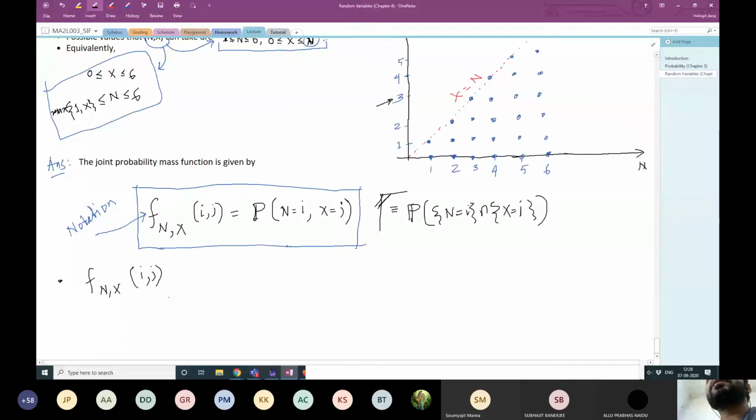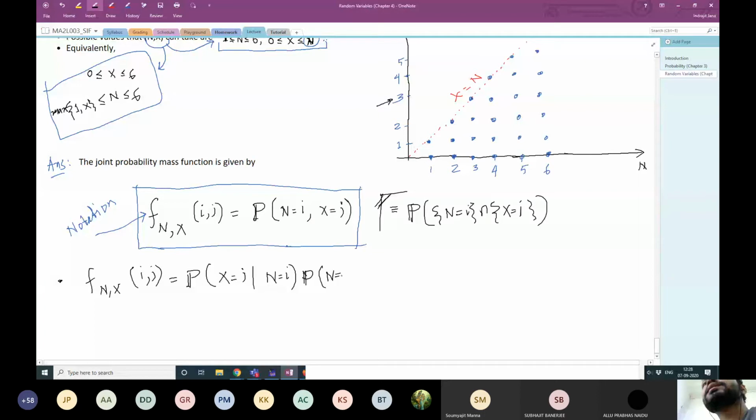So this is given by the probability that n is equal to i and x is equal to j, which I can write as the probability that x is equal to j given n is equal to i, times the probability that n is equal to i.